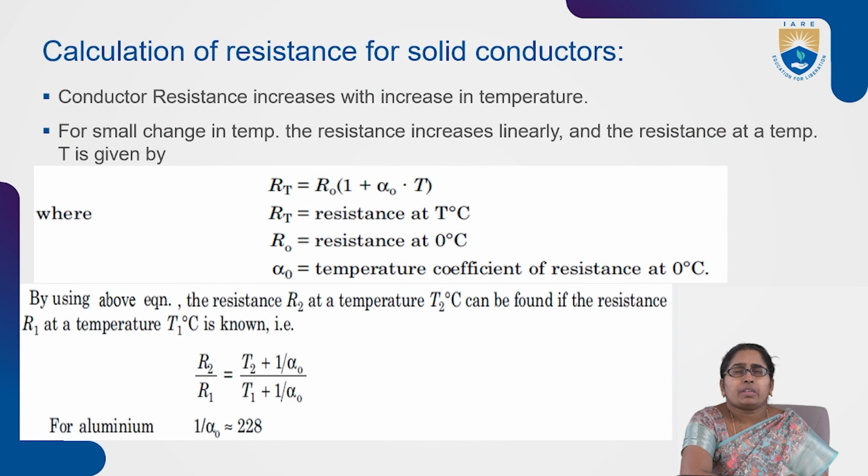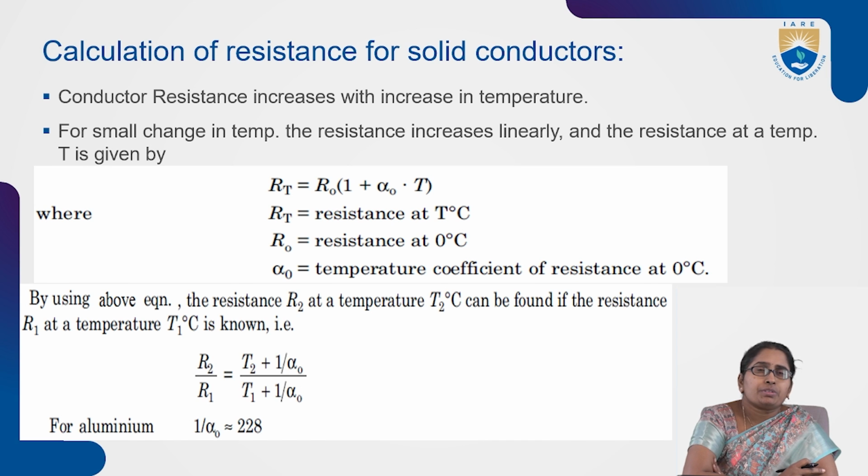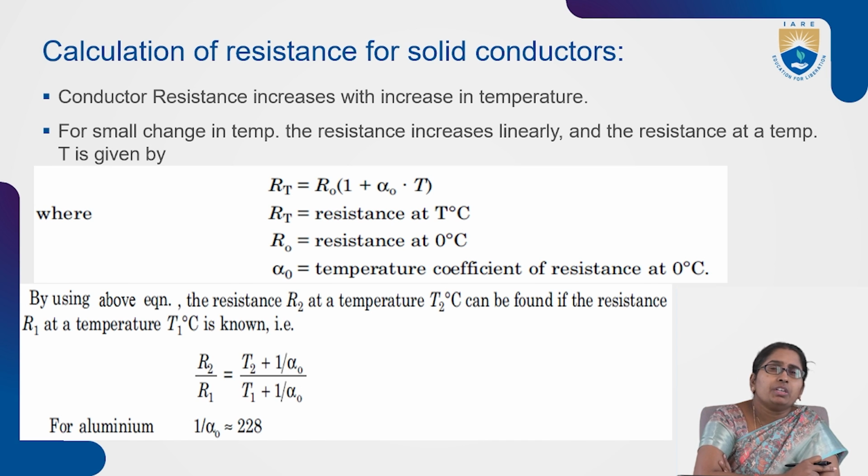Next, calculation of resistance for solid conductors, because we know that resistance changes with temperature. So if temperature increases, the resistance also increases. And here, look at the second point.